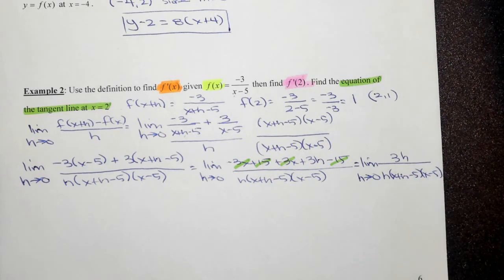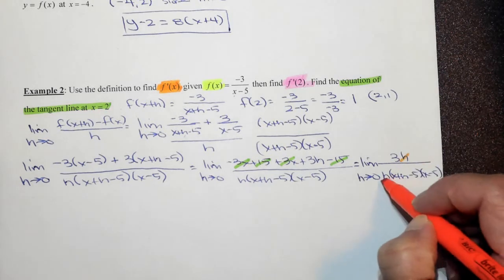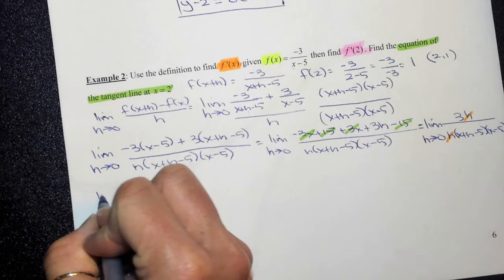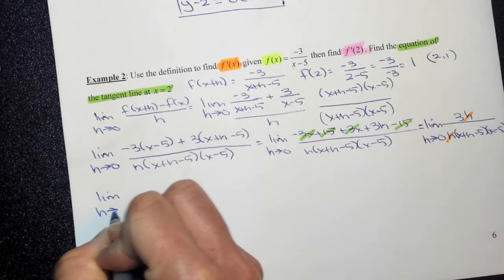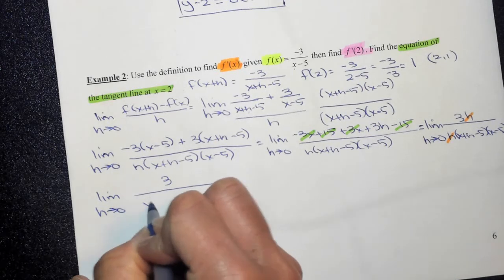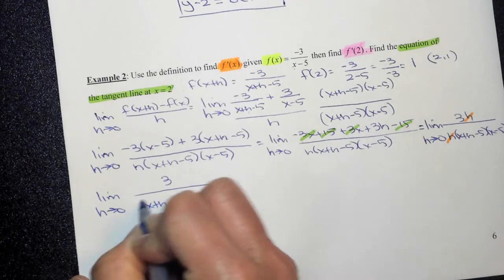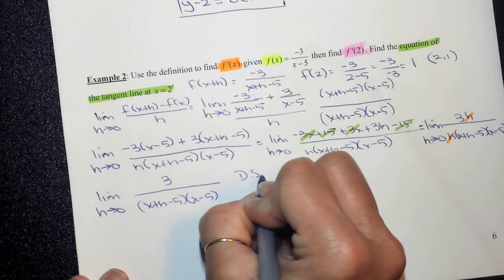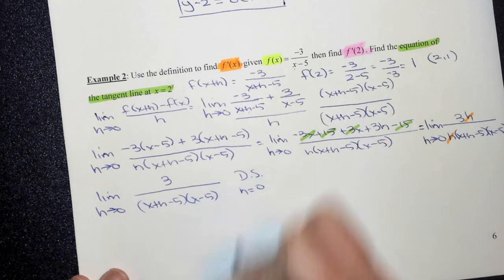Now I can cancel out my h's, and I've got the limit as h approaches 0 of 3 over x plus h minus 5 times x minus 5. So the whole point here is to try to use direct substitution where h is equal to 0.